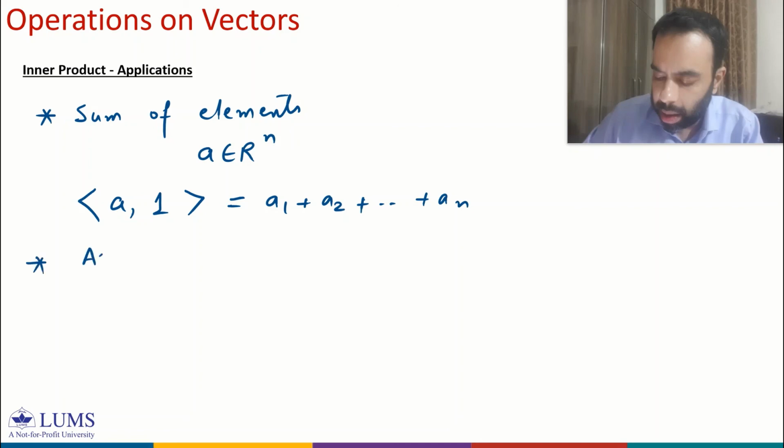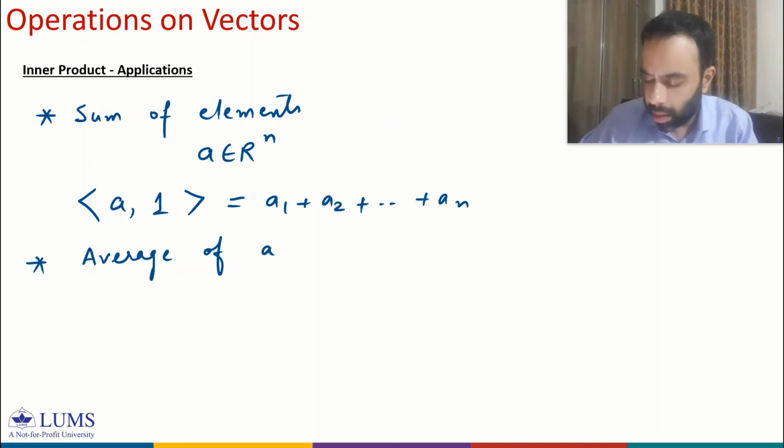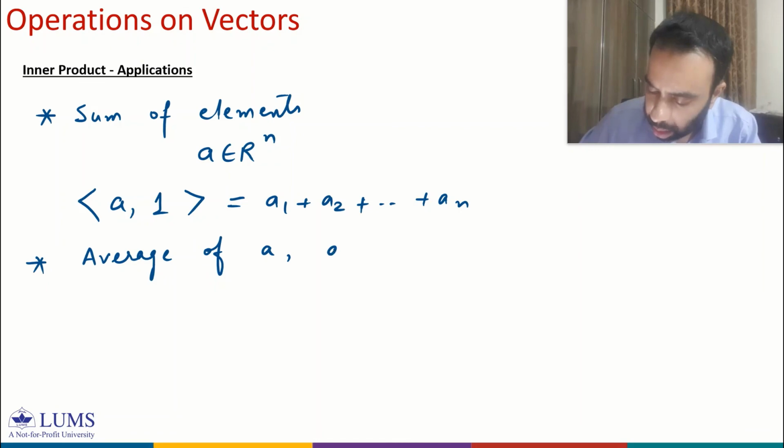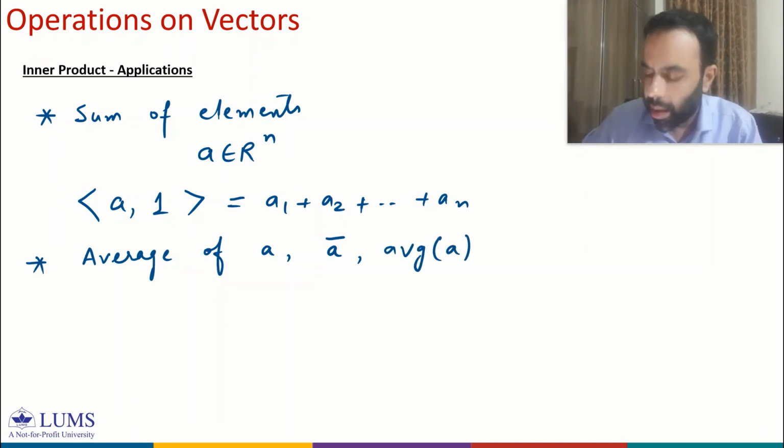Say if you want to take the average of elements of a, right? So average of a, which we will denote with a bar, or in some textbooks, average of a means the average of all the elements of a. So we can define the average of a using inner product.